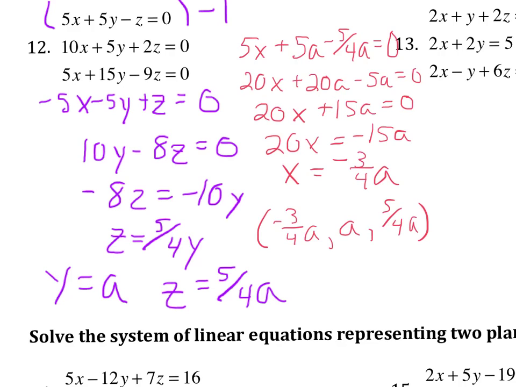So now if you let x equal a, you would have gotten a slightly different answer, and that would have been a, negative 4/3 a, and negative 5/3 a. So depending on what you let a equal, you will get a different answer. But it is still correct.